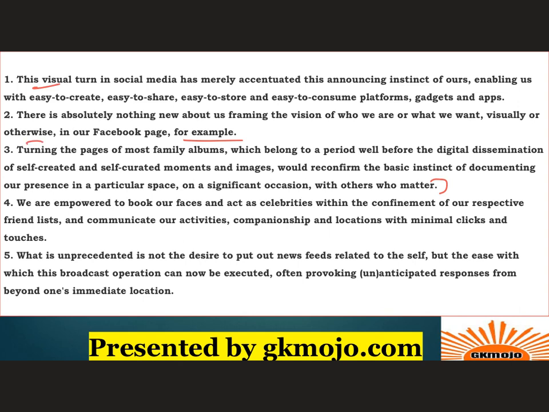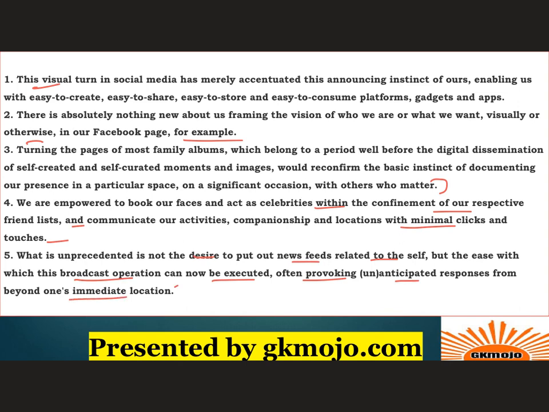Alright, let's see the fourth. We are empowered to book our faces and act as celebrities within the confinement of respective friend lists, with minimal clicks and touches. Alright, this is a good sentence, but this cannot be an introductory sentence. What is unprecedented is not the desire to put out news feeds related to the self, but the ease with which the broadcast operation can now be executed, often provoking unanticipated responses from beyond one's immediate location.